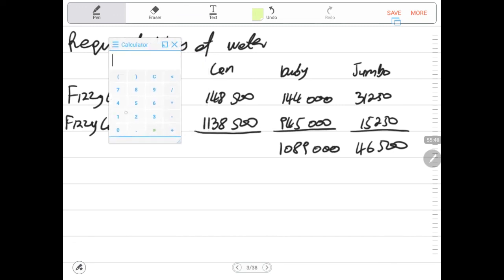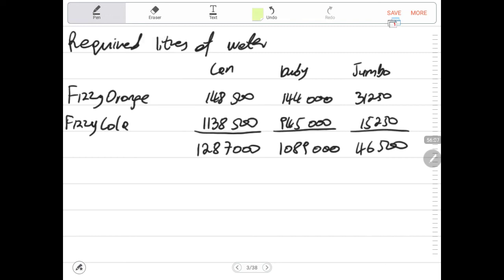Then the first one will be 148,500 plus 1,138,500. That will be 1,287,000. So now these are the total liters for each of the product or packaging variations.